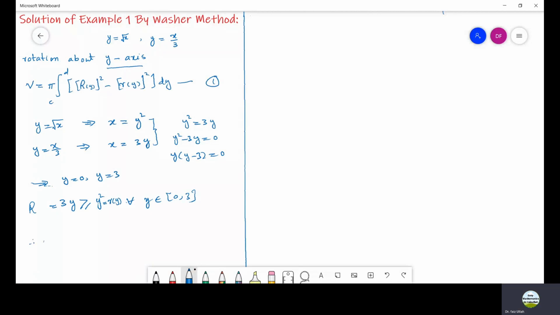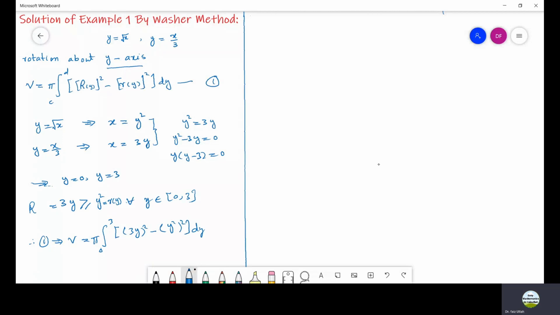Therefore, putting values in 1, we have V equal to π, integration from 0 to 3, of (3y) whole squared minus (y squared) whole squared, dy.